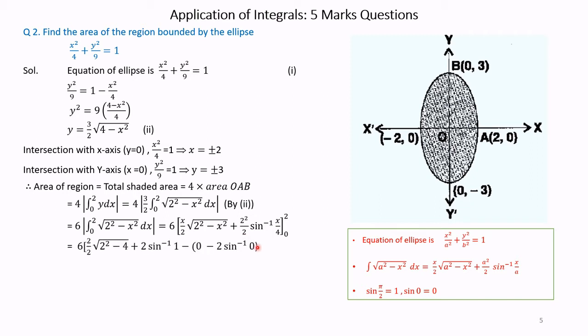Therefore, that is 6 into 2 by 2. If you put the upper limit, it gets cancelled. 2 square minus 4 plus 2 into sine inverse of 1 minus 0 minus 2 into sine inverse of 0.